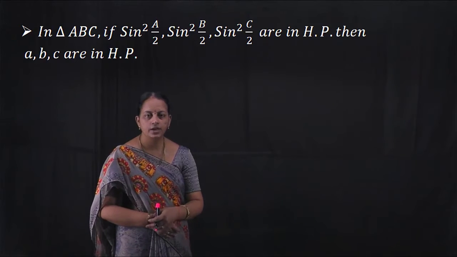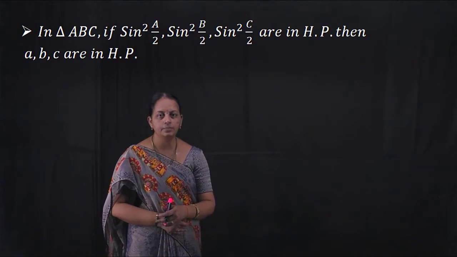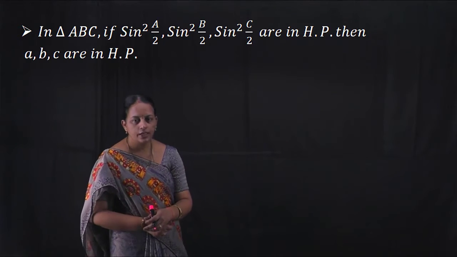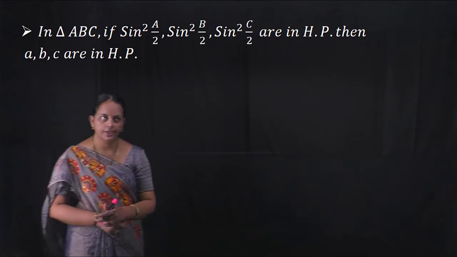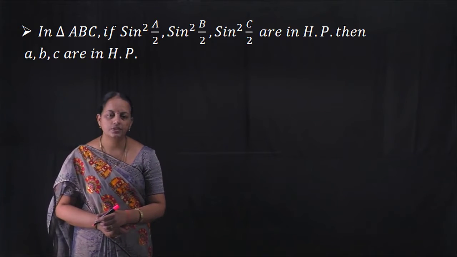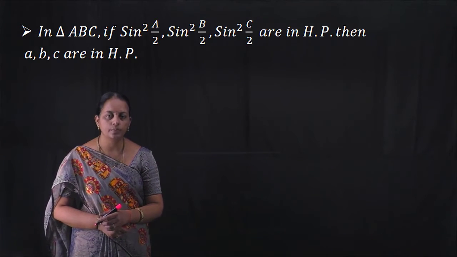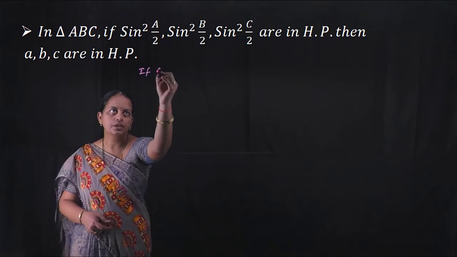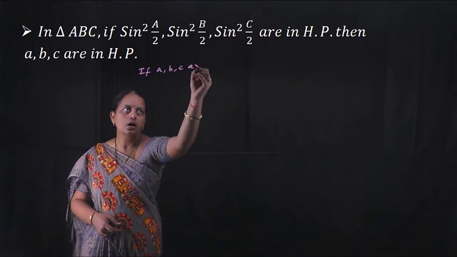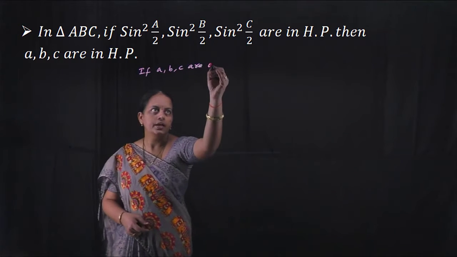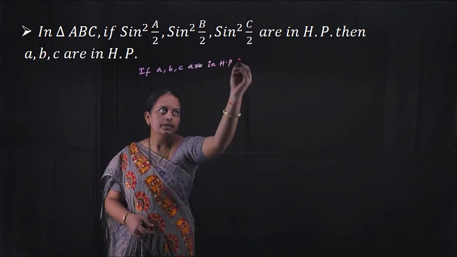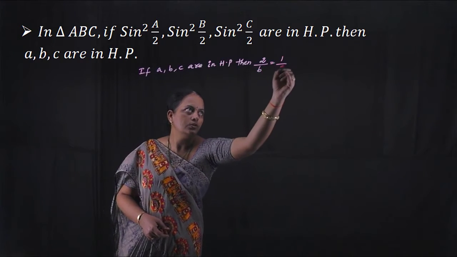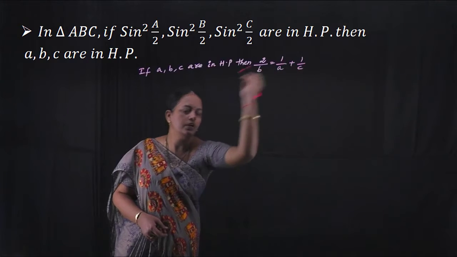Next one is: in triangle ABC, if sin square A/2, sin square B/2, sin square C/2 are in HP, then a, b, c are also in HP. We know that if a, b, c are in HP, then the condition is 2/b equal to 1/a plus 1/c.